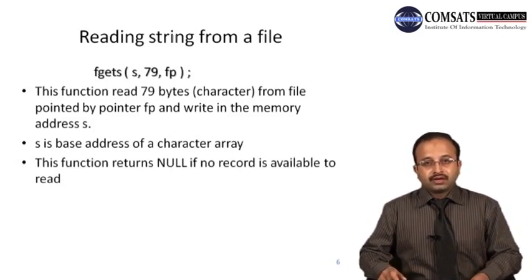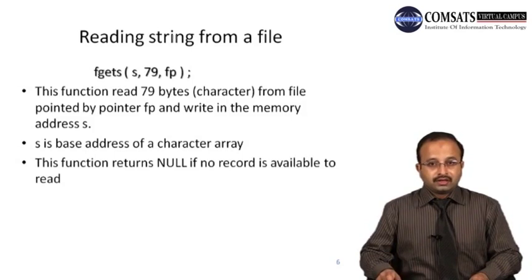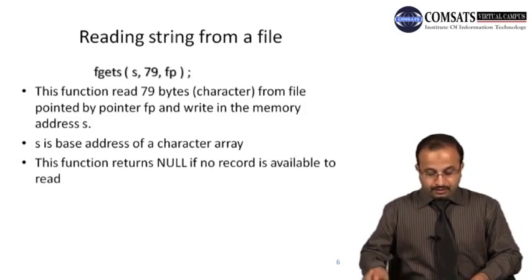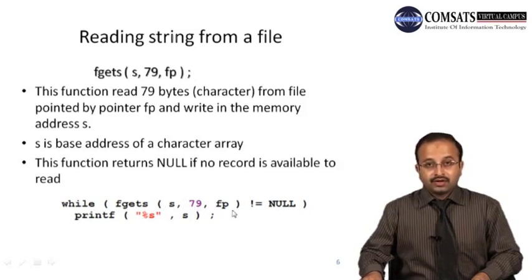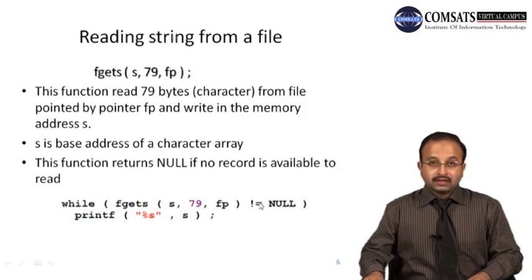But if it reads the record, it won't return null. So this is how we can use it: while fgets is not equal to null. First this function will be executed, and if it reads the record, it returns a not null value, and not null is not equal to null, that is true. So it comes over here and prints what it read from that file.